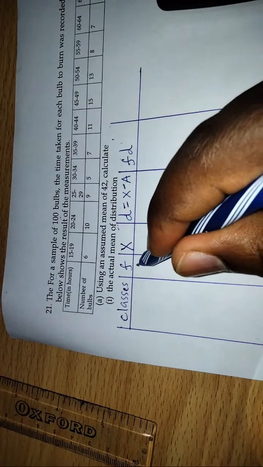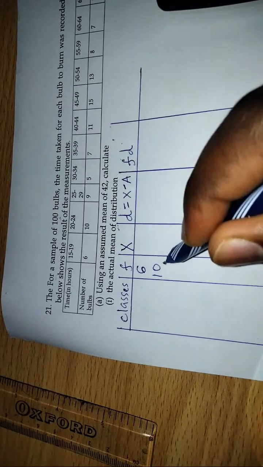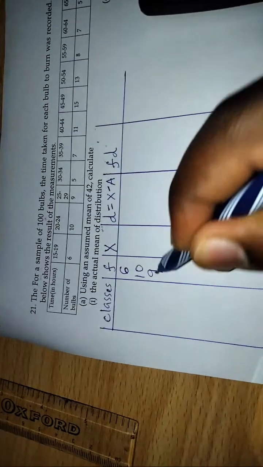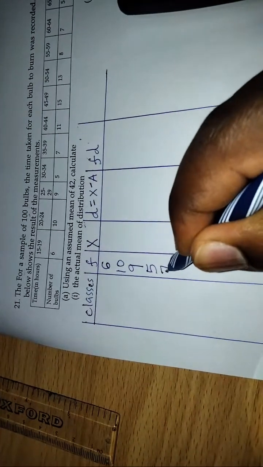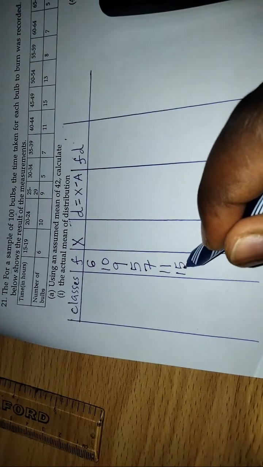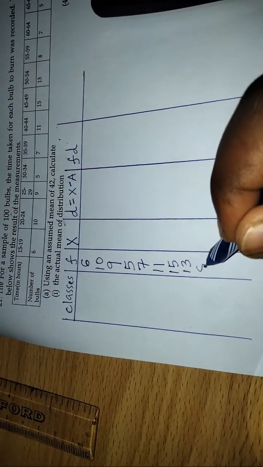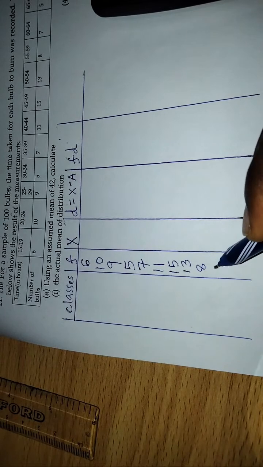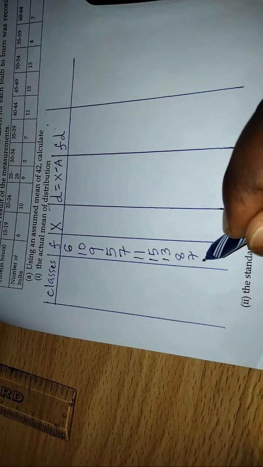The frequencies are 6, 10, 9, 5, 7, 11, 15, 13, 8, then we have 7, 5, and 4.